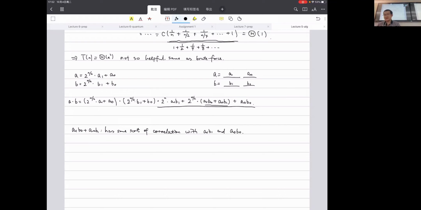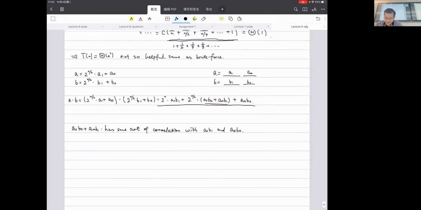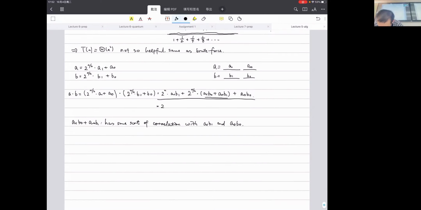This middle term, A1 B0 plus A0 B1, is not totally independent of A1 B1 and A0 B0. And maybe you want to have a better way to represent this, and hopefully such a representation can give you a clever idea. So this is the key observation, and you can take a look at the equation I'm writing here.